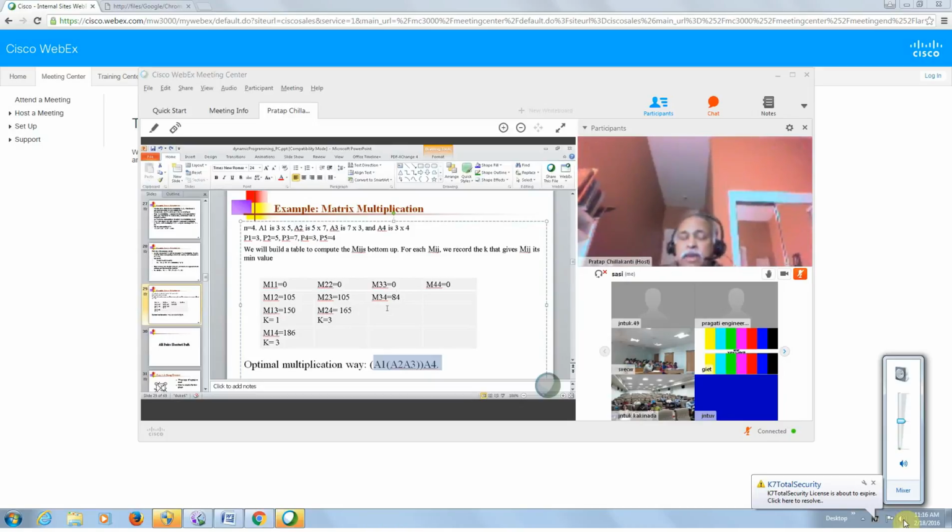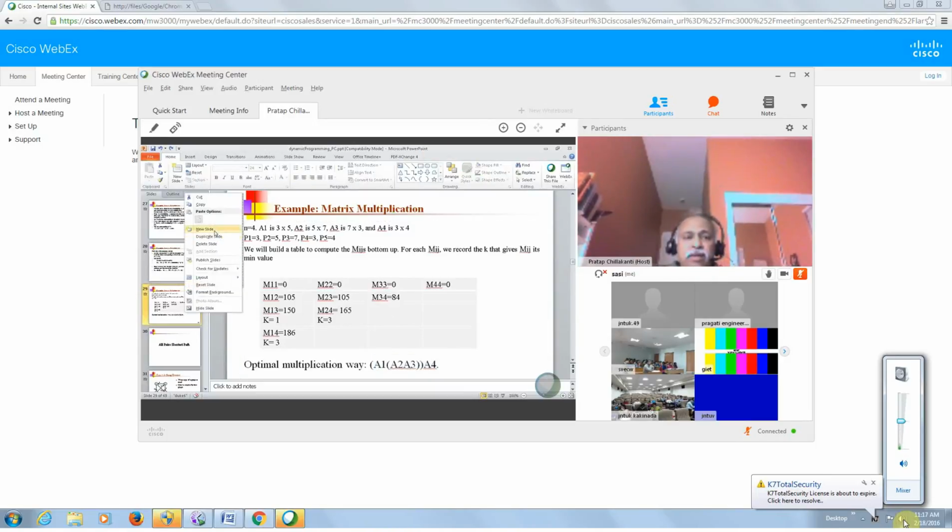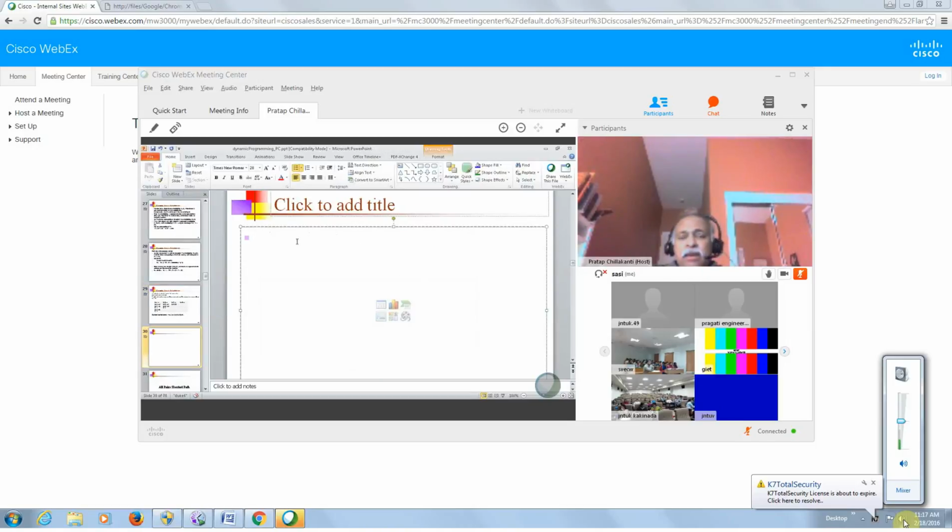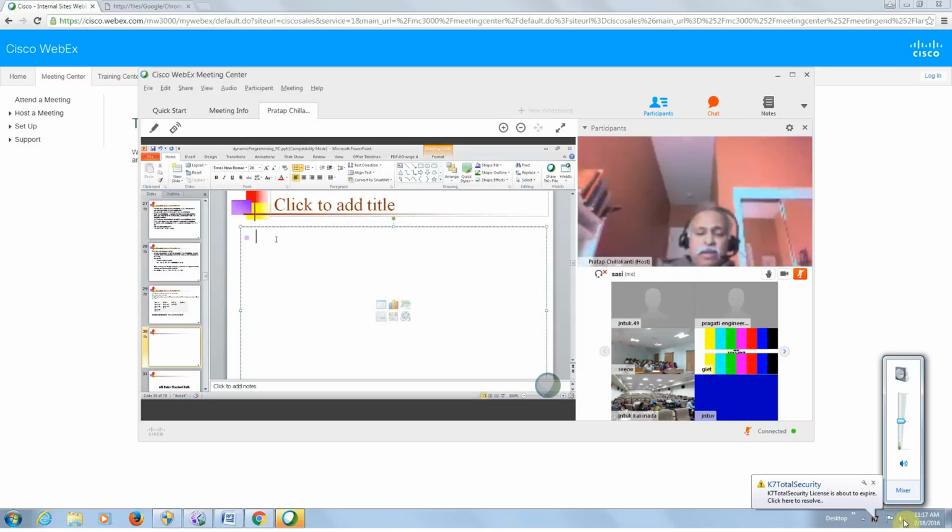Now this is a good point for me to go back and tell you about recursion versus dynamic programming. If I have to create a slide here, we talked about Fibonacci, right? Not Fibonacci, what was the thing I talked about? N factorial.